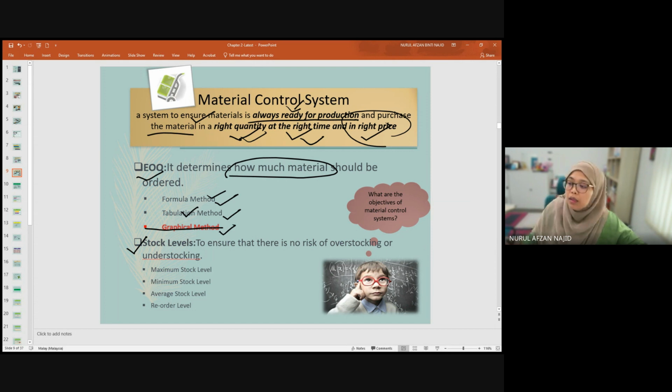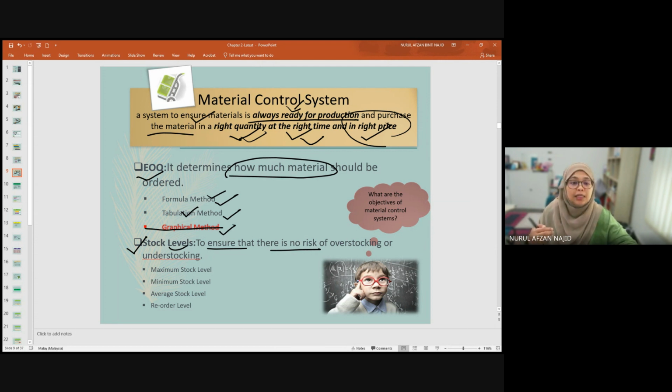Okay, and another method yang kita gunakan adalah stock level. Stock level ini kita nak memastikan there is no risk of overstocking or understocking. Macam EOQ tadi, dia tak tengok kepada overstocking and understocking. Dia just nak determine berapa banyak yang sepatutnya kita order.